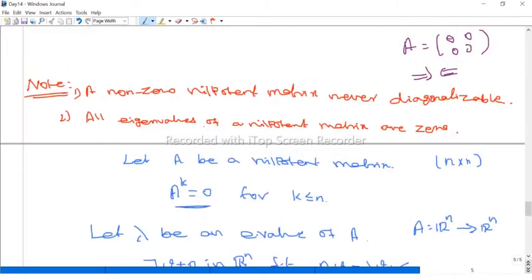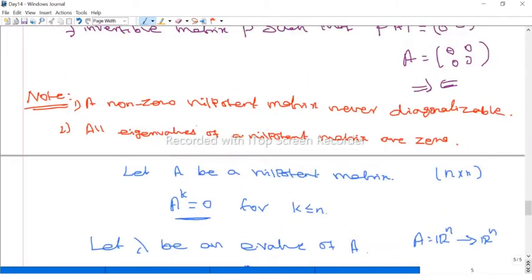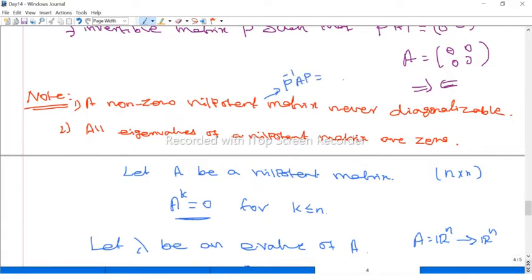So now, using this second fact, we can prove the first one. Any non-zero nilpotent matrix is never diagonalizable. Suppose we assume that it is diagonalizable. Then there is an invertible matrix P such that P inverse AP equals a diagonal matrix, whose diagonal entries are the eigenvalues.